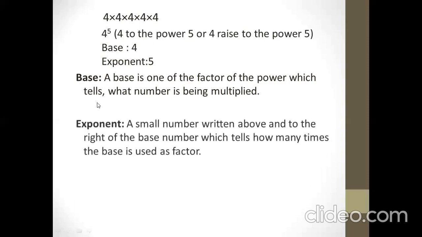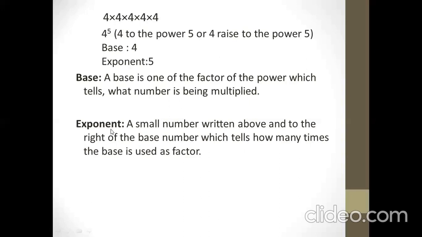Then what about the exponent? It is a small number written above and to the right of the base, which tells how many times the base is used as a factor. Here you can see this 5 tells you how many times the base is used. Here 4 is used 5 times, so this 5 is the exponent.